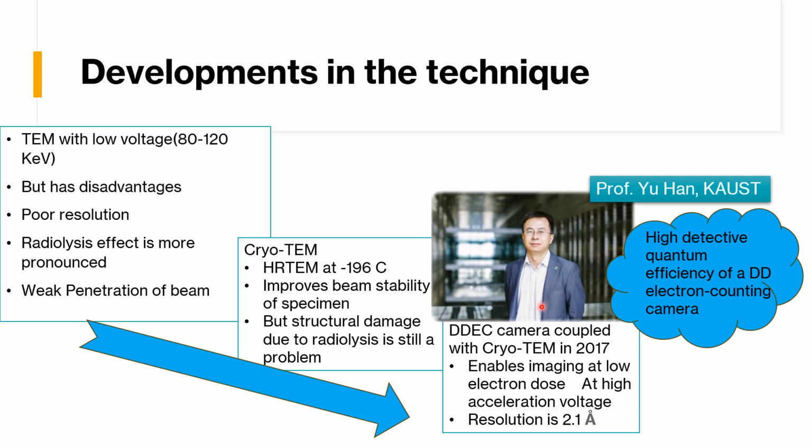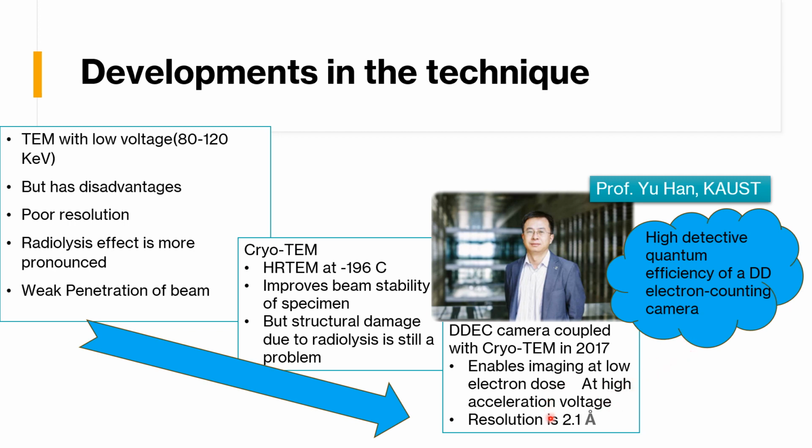Then came the year 2017, in which Professor Yuan from KAUST, Saudi Arabia, with his lab group, performed metal organic framework imaging by using a DDEC camera coupled with cryo-TEM. He used this combination, the DDEC camera, known as the direct detection electron counting camera, with cryo-TEM, and he was successful in imaging the metal organic frameworks using low electron dose at very high acceleration voltage.